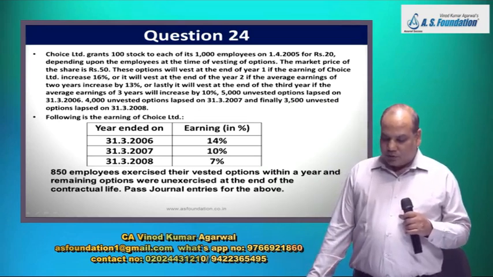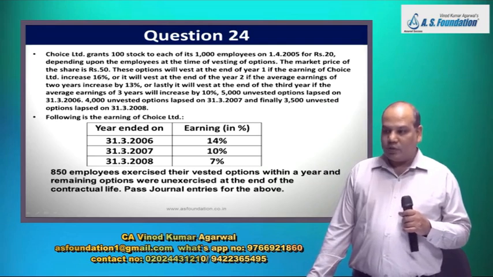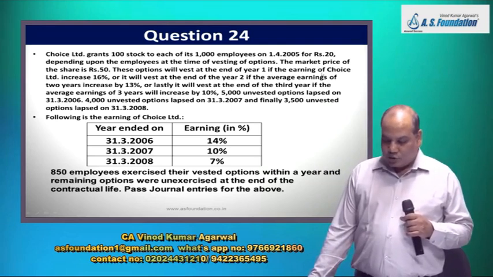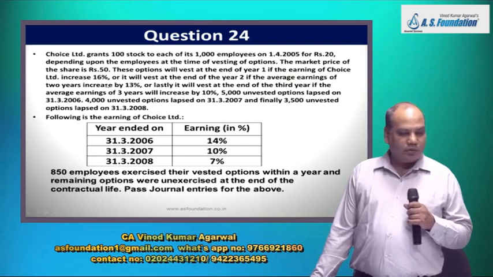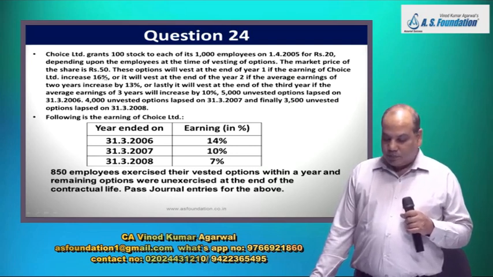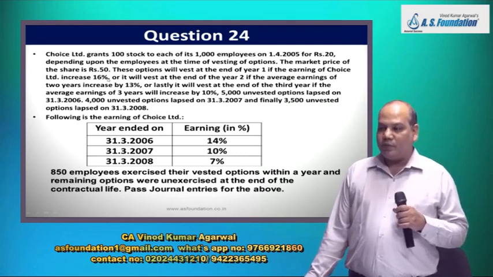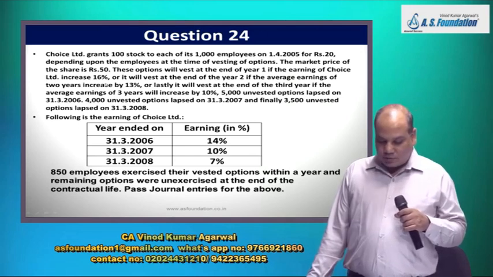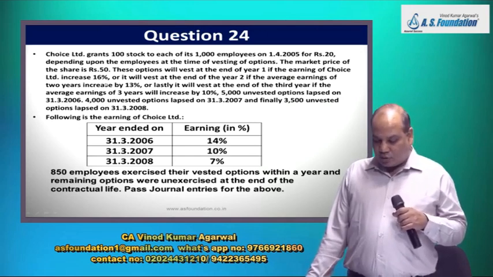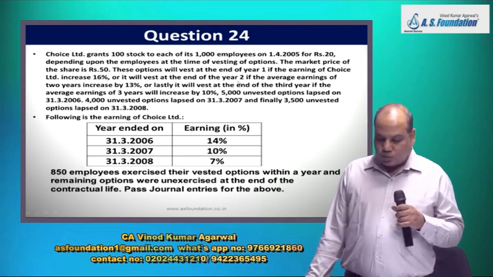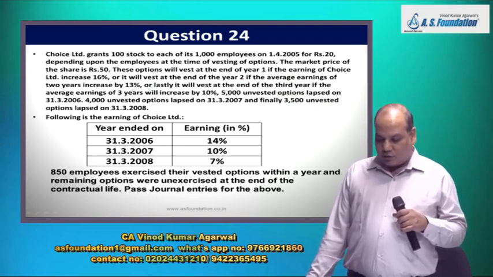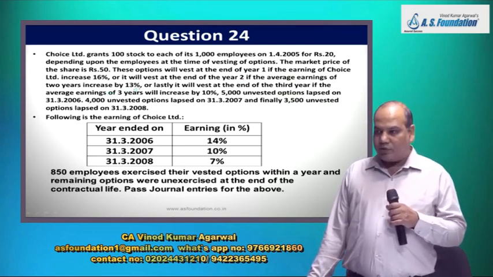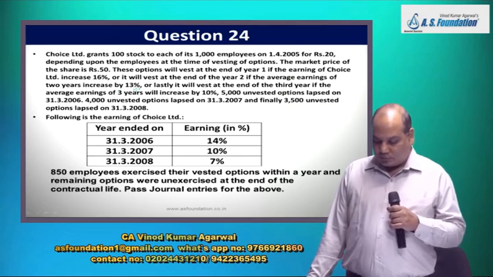These options will vest at the end of year 1 if the earning of Choice Limited increases 16%. So it is a non-market performance condition, because the option will vest if the earnings increase by 16%, or it will vest at the end of year 2 if the average earning of the 2 years increases by 13%.